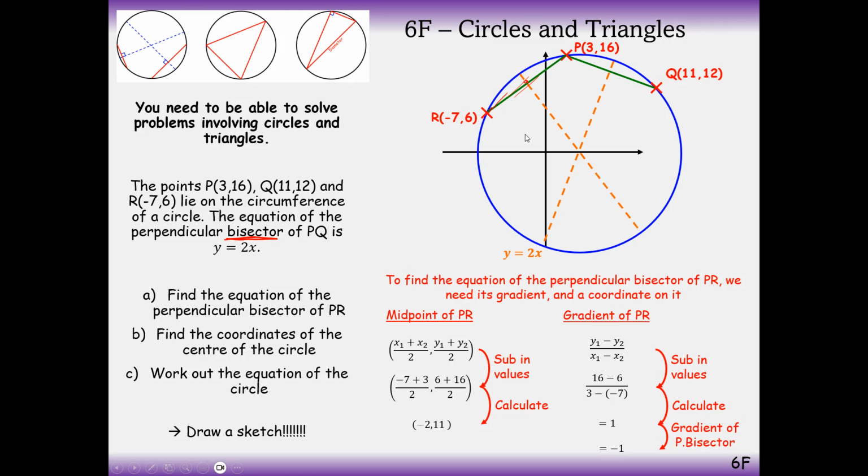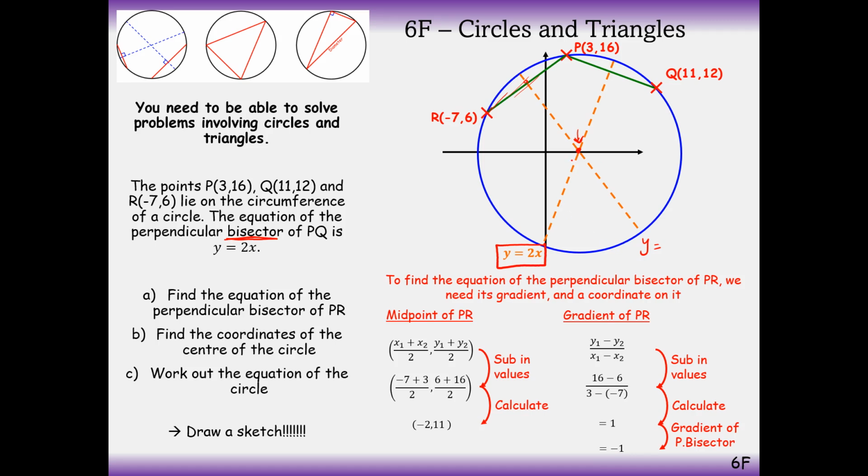The two lines have to intersect. The next stage is to figure out where this intersection point is, because we need it for the center point of the circle. We already know one equation. We need to know the equation of the other line before we can find the intersection point.